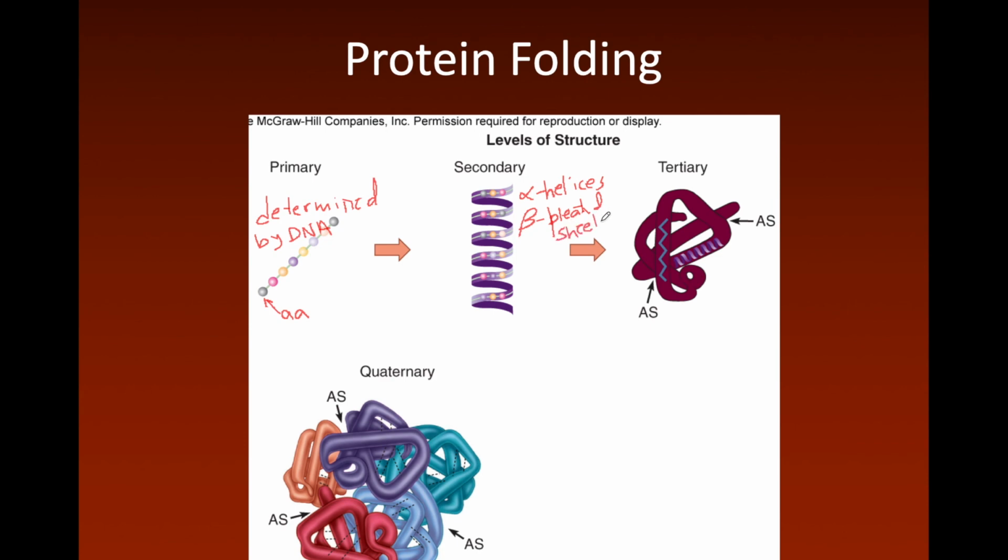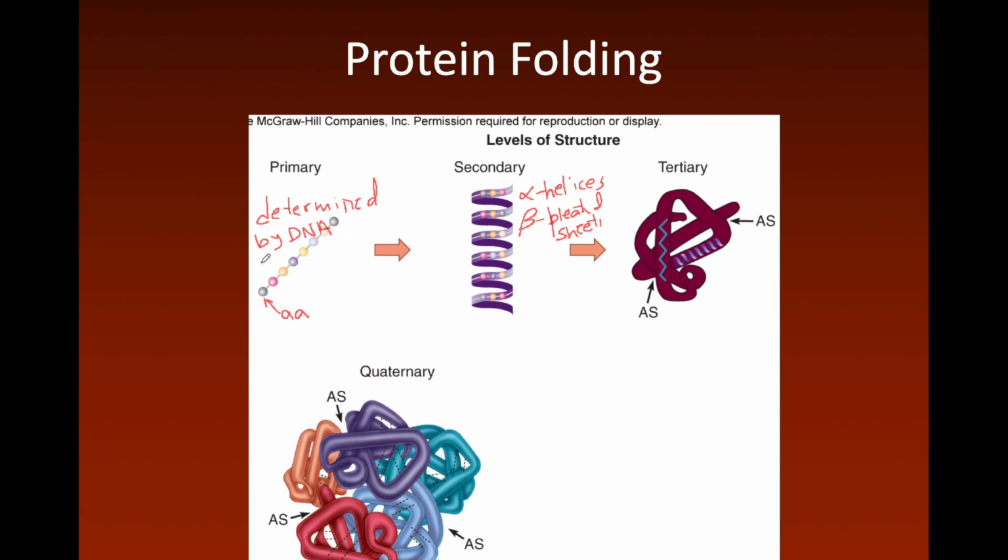These are ways these amino acids, based on their configuration, so each amino acid has a very specific R structure. That's the part of the amino acid that comes off of its basic core. And when they bind together, they form these natural alpha helices or beta pleated sheets based on their core structures. So the secondary arrangement is formed kind of based on the primary structure there.